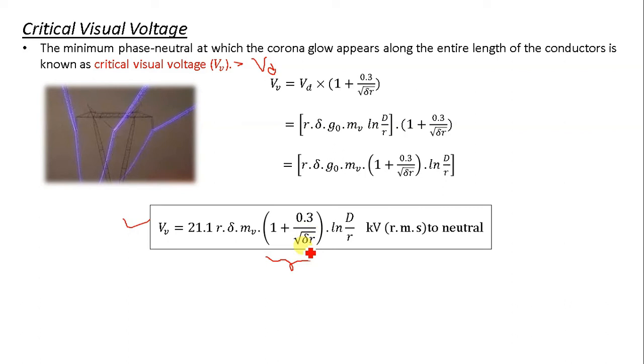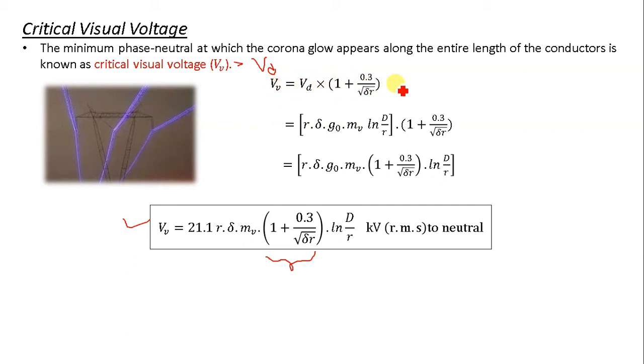It has been observed that the visual corona will occur when the breakdown voltage is attained at a distance of r from the axis. This factor times Vd gives Vv, the critical visual voltage. So once we have the value of Vd, we multiply by this factor.